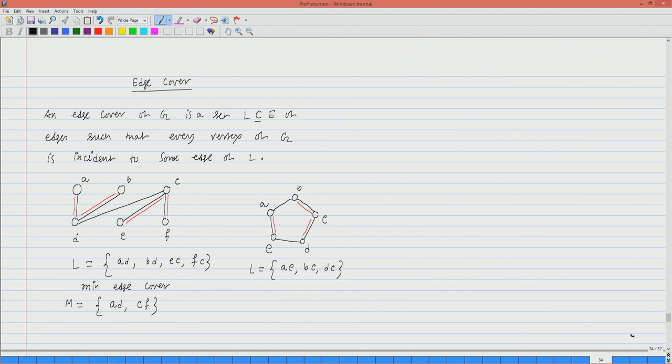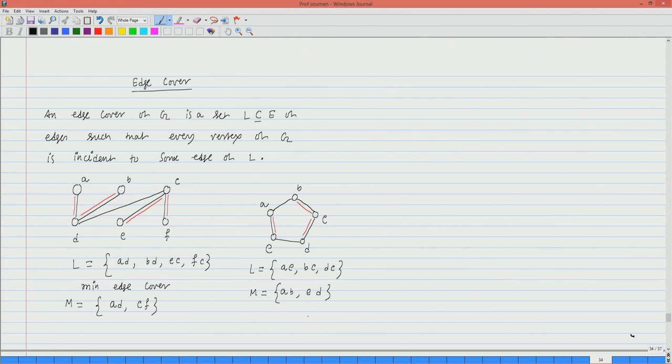And we know that for this one the maximum matching could be, say, AB. The maximum matching size is again 2. AD, AB and ED is a matching of maximum size 2.